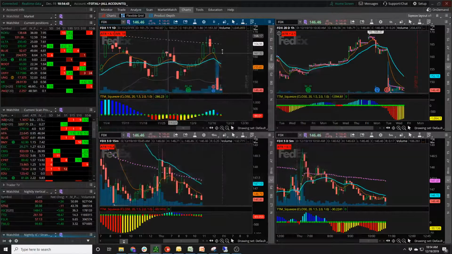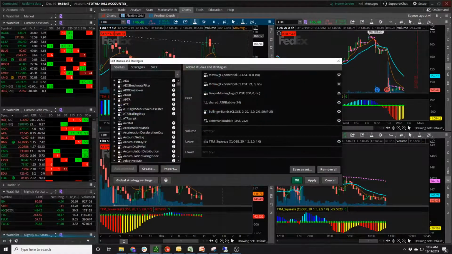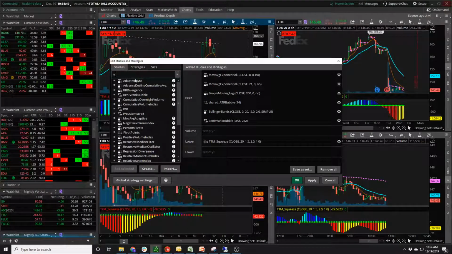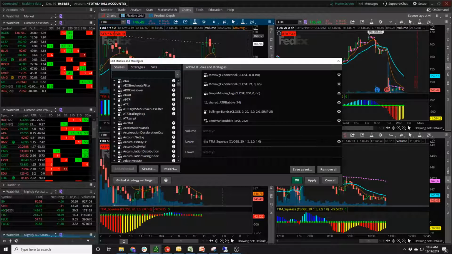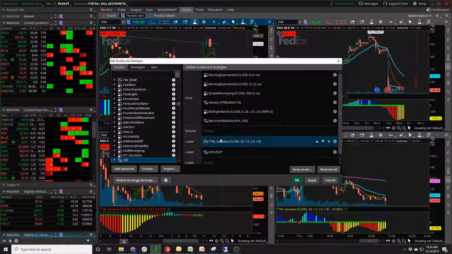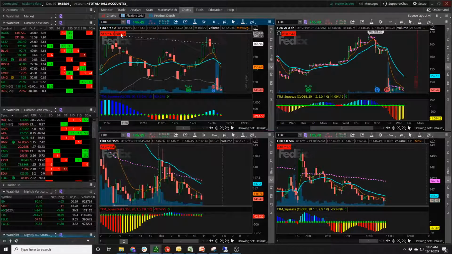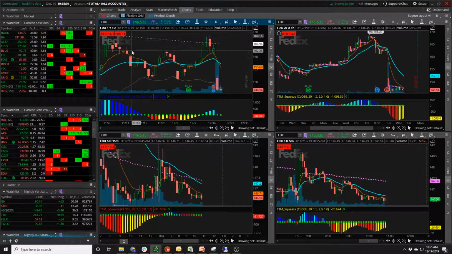I'm messing up my thing. But you just come to your studies and then search for IV. And that's not going to work. There we go, IVR. You can do that and you can move it up. And then once you get it in, it'll be right here. There's a couple of different studies, but it's the IVR that you want.